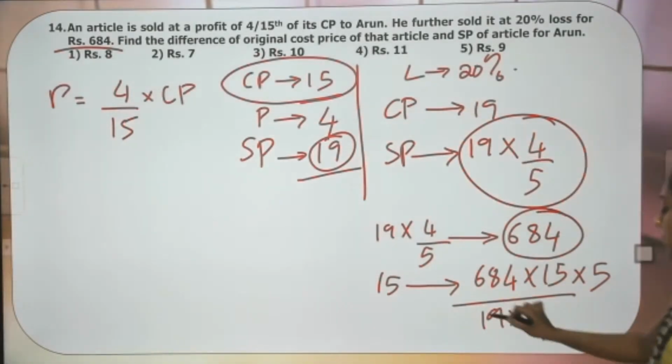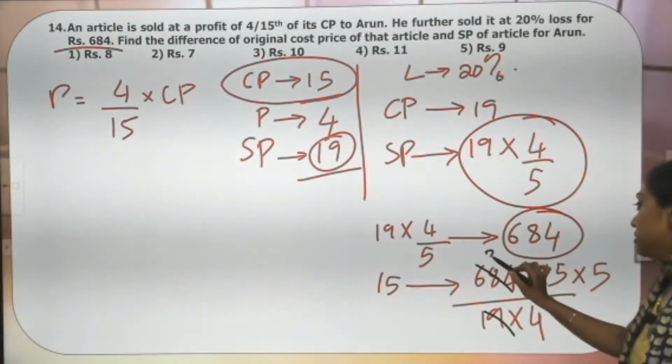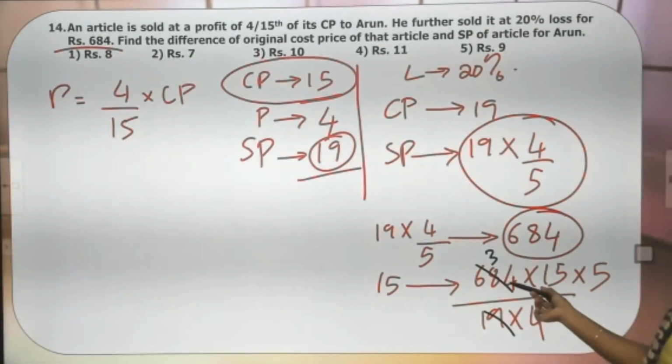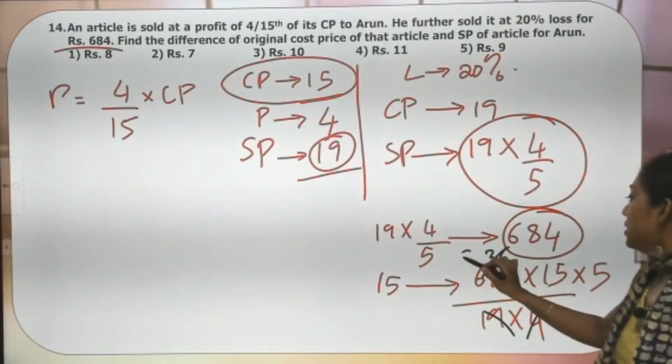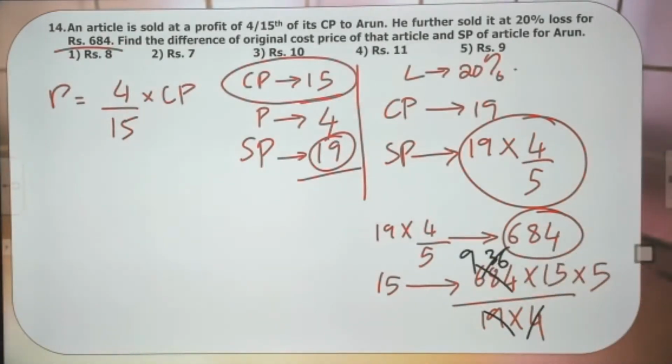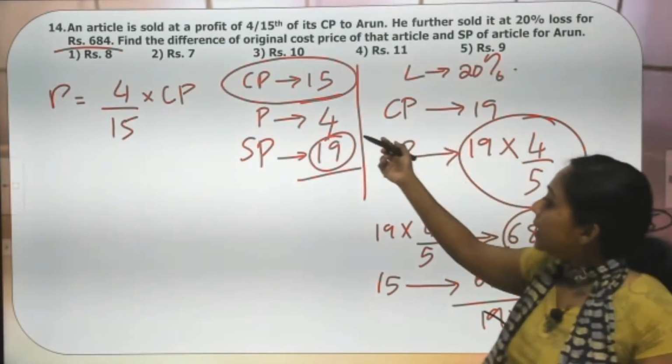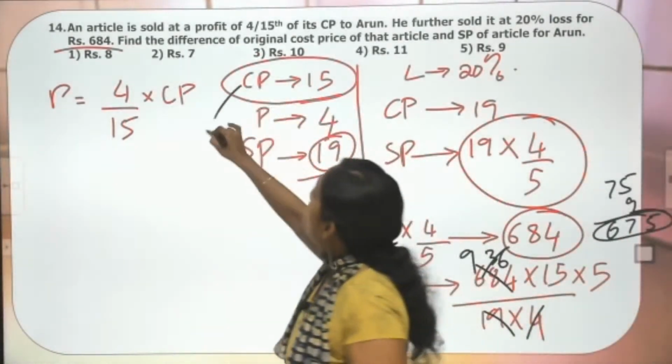On simplifying, 36 into 75, this is 9 into 75. So 75 into 9 is 675. So this value is 675, and that is actually our original cost price.